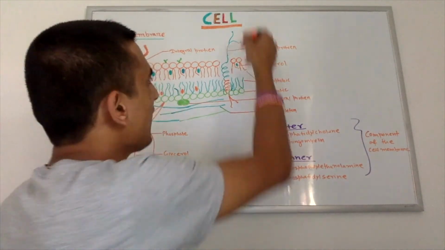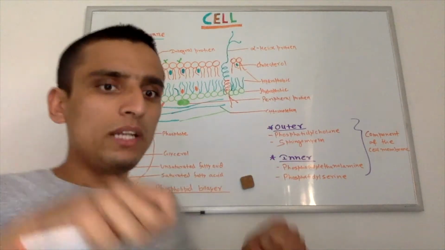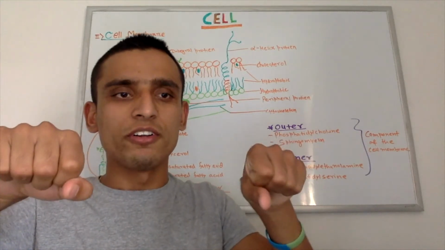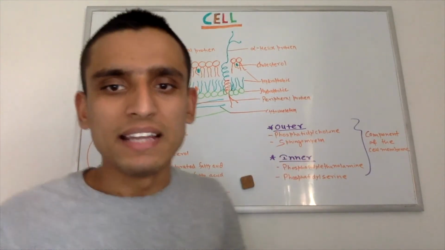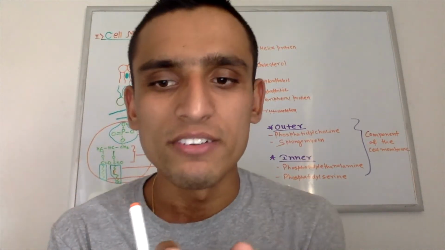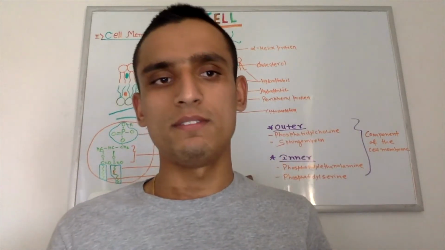They can work together and help with cell membrane stabilization too. That's a very important thing we need to understand. We call this attachment to the cytoskeleton and the extracellular matrix.